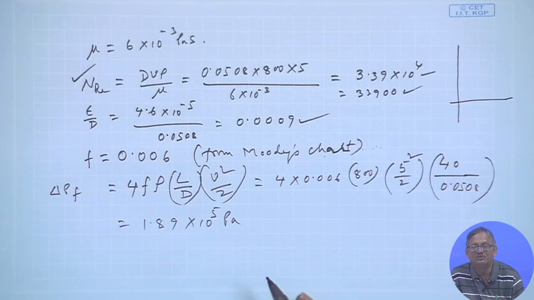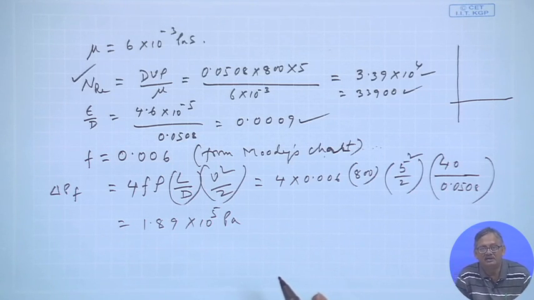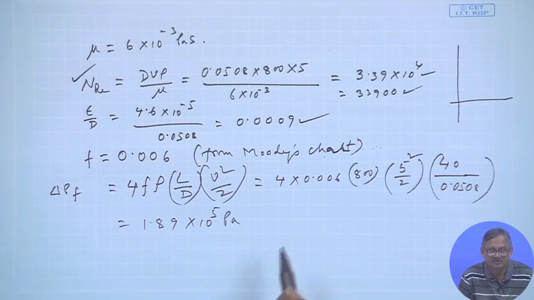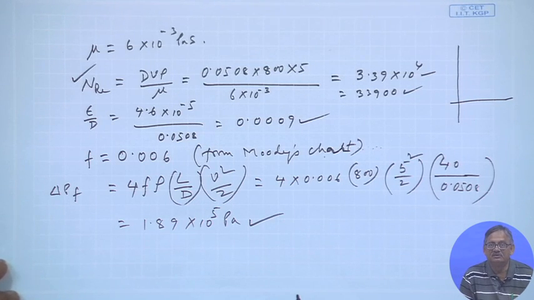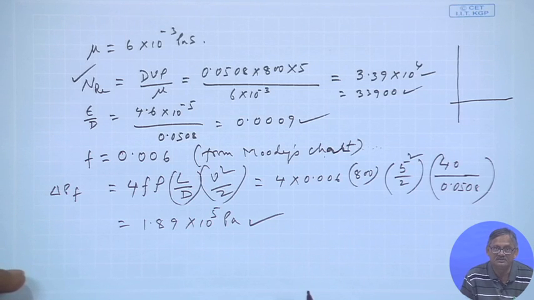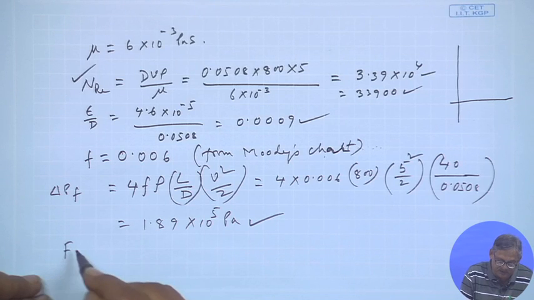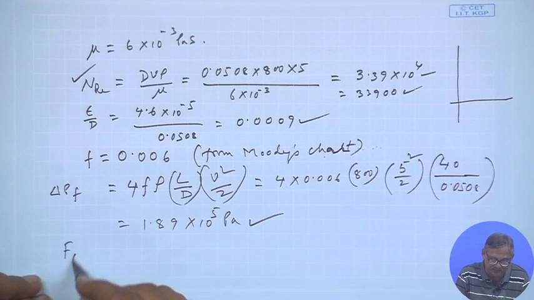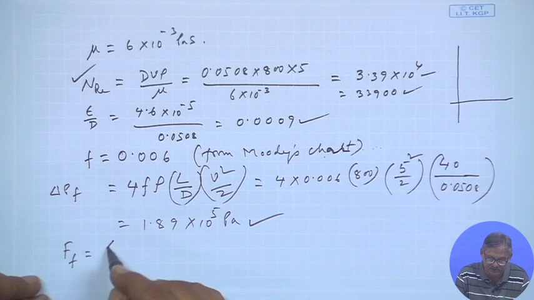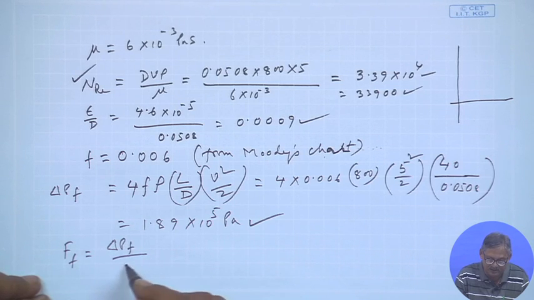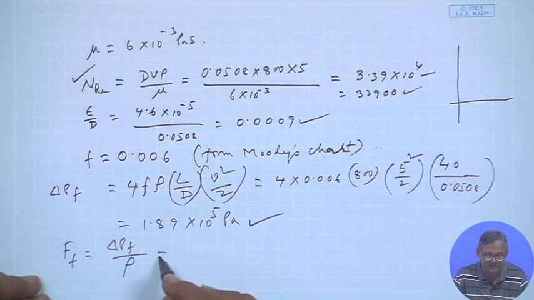So, we found out delta PF to be equal to 1.89 × 10^5 Pascal. Now, we are asked to find out the frictional loss. Frictional loss, called FF, is equal to delta PF over rho, that is the frictional head or frictional loss.